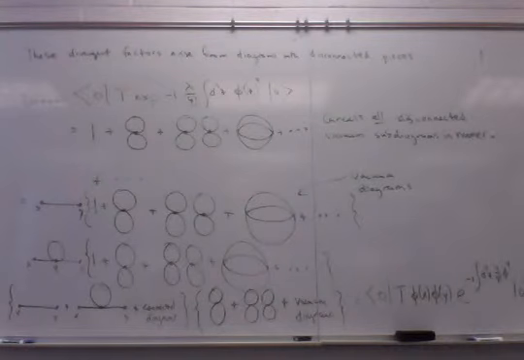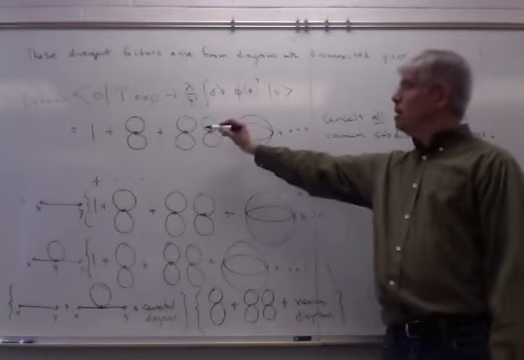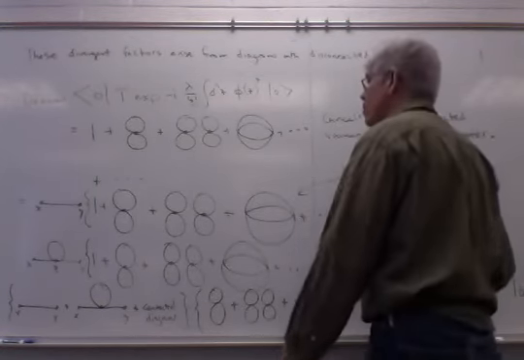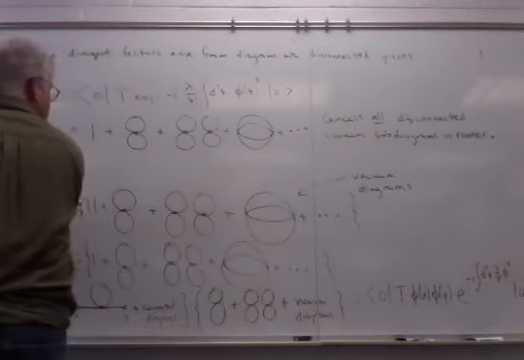So the final result is we don't have to calculate any of these divergent things. They cancel. It's like a normalization factor, this denominator that cancels this infinite normalization of all the diagrams in the numerator.